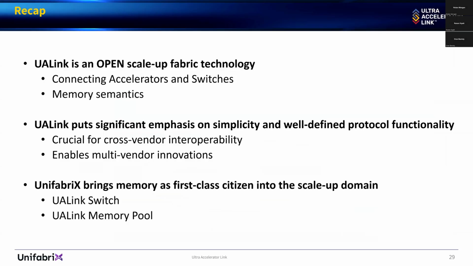And since UALink is open, this is crucial because we will have multiple vendors building silicon and building systems around UALink, and we would need these systems to connect to each other. And the amount of detail in the UALink specifications, the definition of the protocol itself, which is very detailed, helps a lot to bring us very quickly to real adoption in the market.